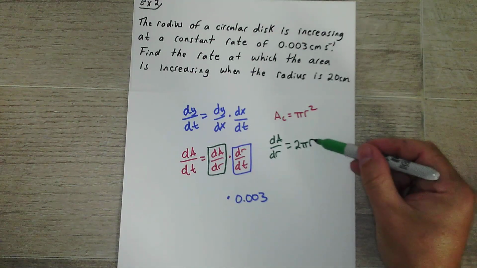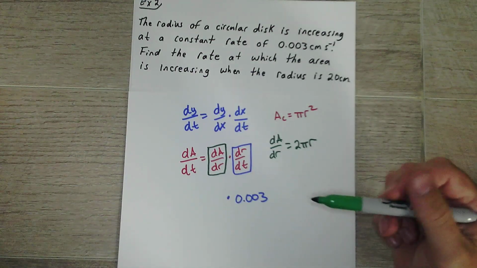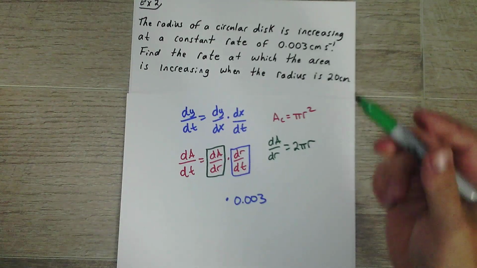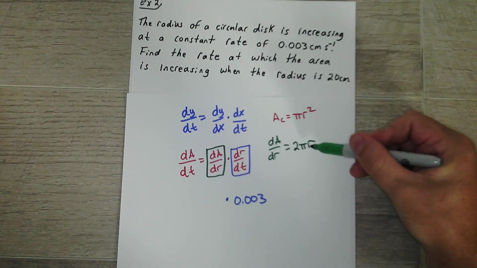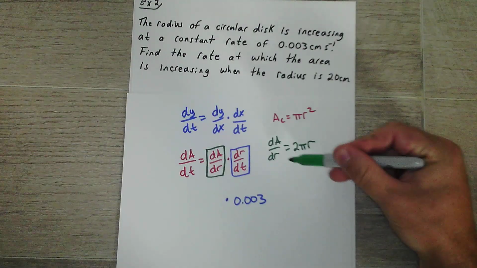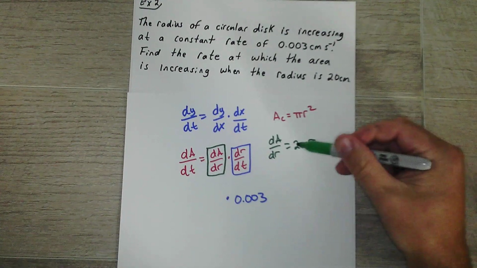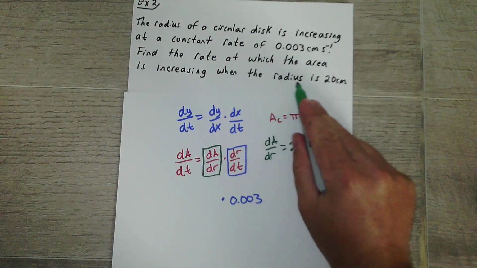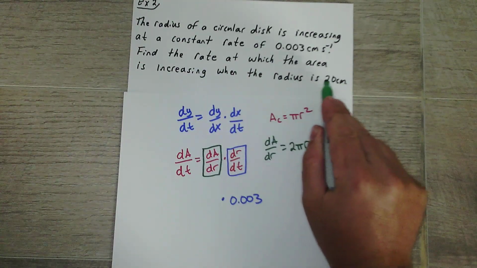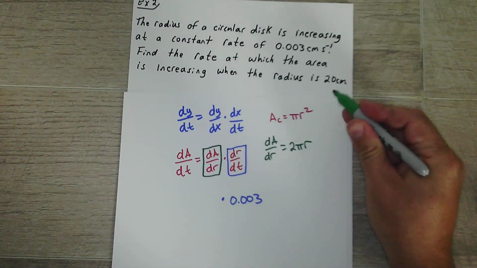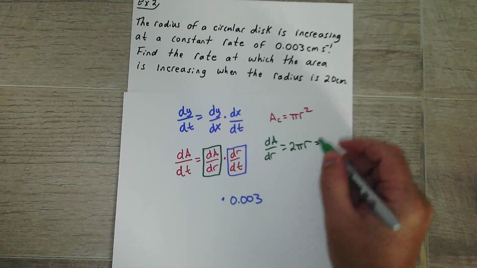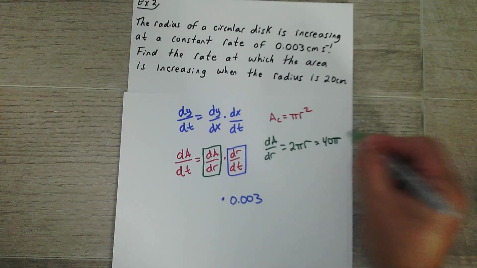Okay. Now this is still a variable, so this is where you always check and make sure to see if they give you a value for r. That way you can plug it in and actually get a number here instead of something with variables. What did they give us? The radius is 20. So we will just replace r with 20. So 20 times 2 is 40 pi.